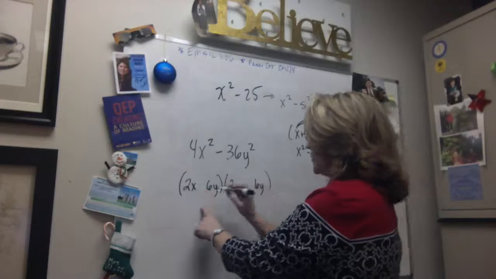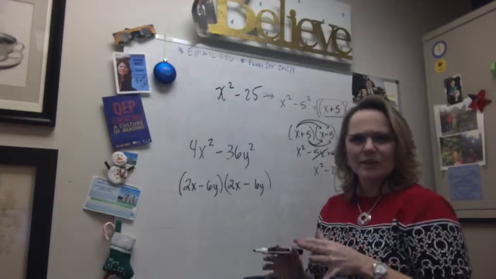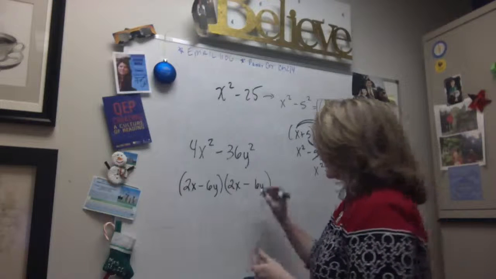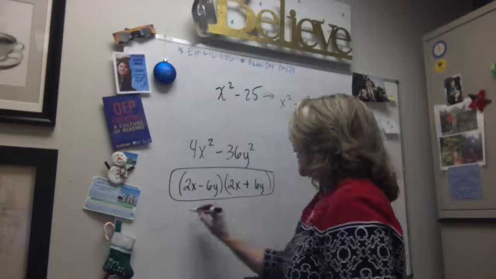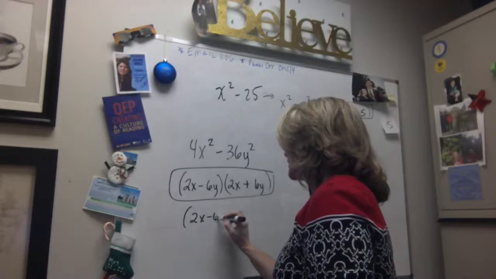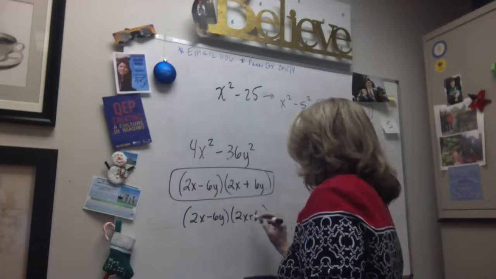And the thing you've got to watch for is that you don't want to do this. You see what happened there? I put the same sign or the same connective there, and it needs to be one of each. This is the actual factorization of that. To check it, you're going to say 2x minus 6y, 2x plus 6y.